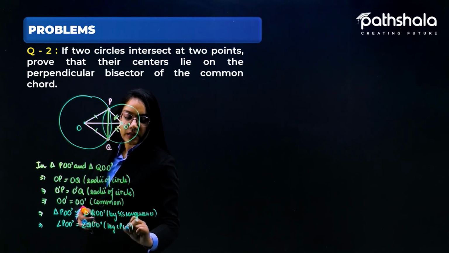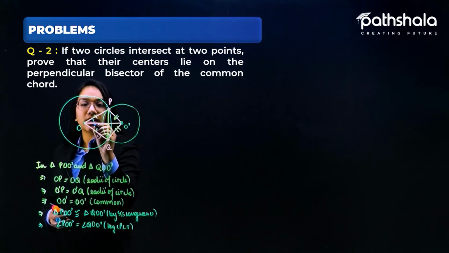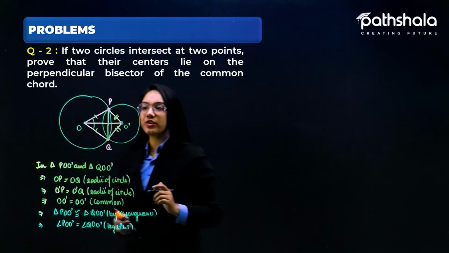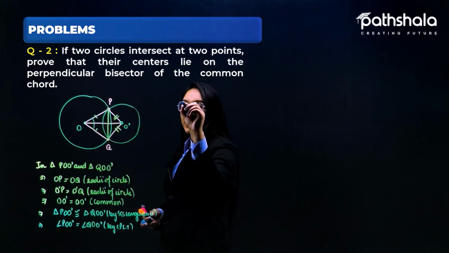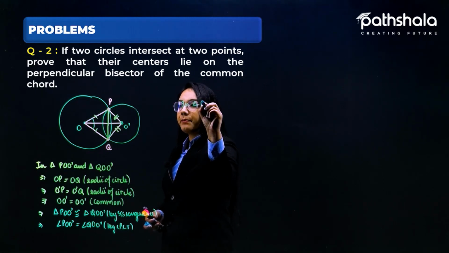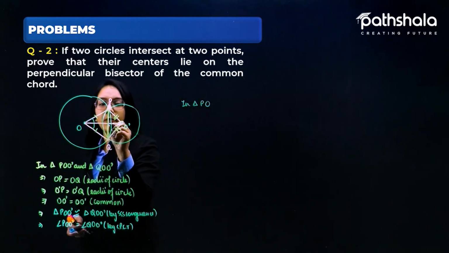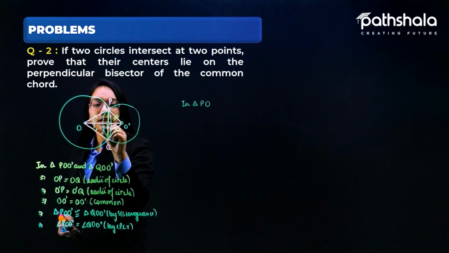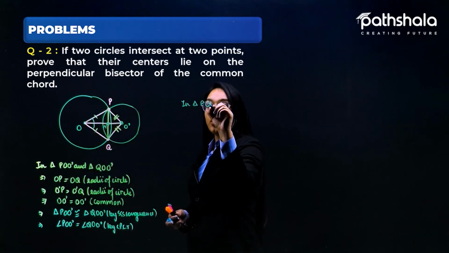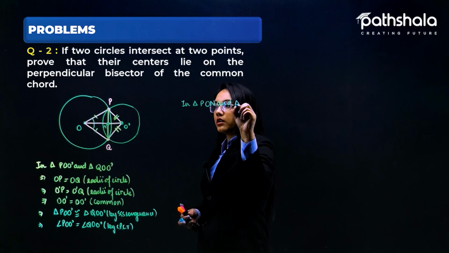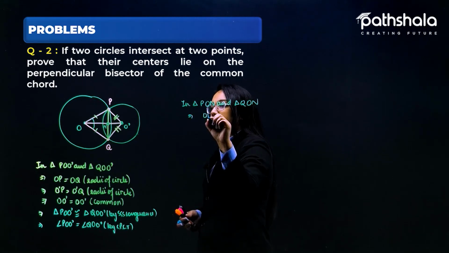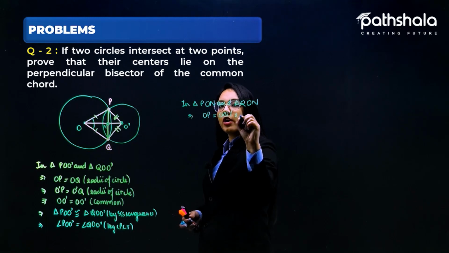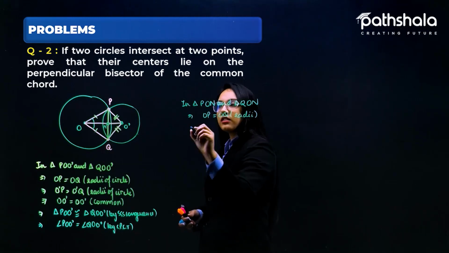Now let us talk about the two small triangles. Let us call the point where PQ meets OO dash as N. In triangles PON and QON, OP is equal to OQ, being radii of the circle.